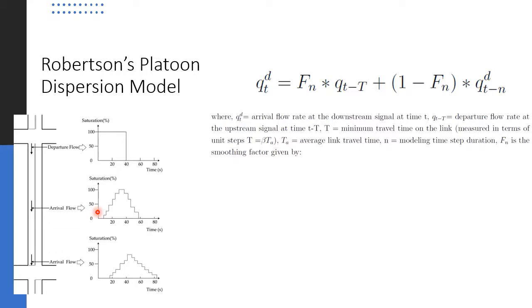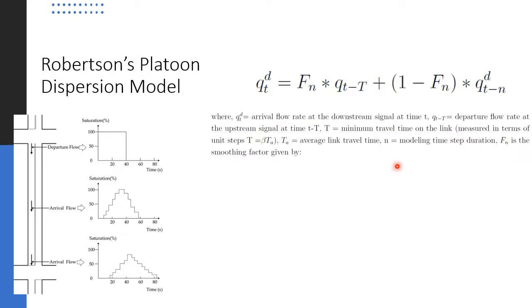It is measured based on certain factors. It depends upon the travel time factor and also the average travel time. I'll explain what beta and T A are: T A is the average link travel time and beta is the travel time factor.